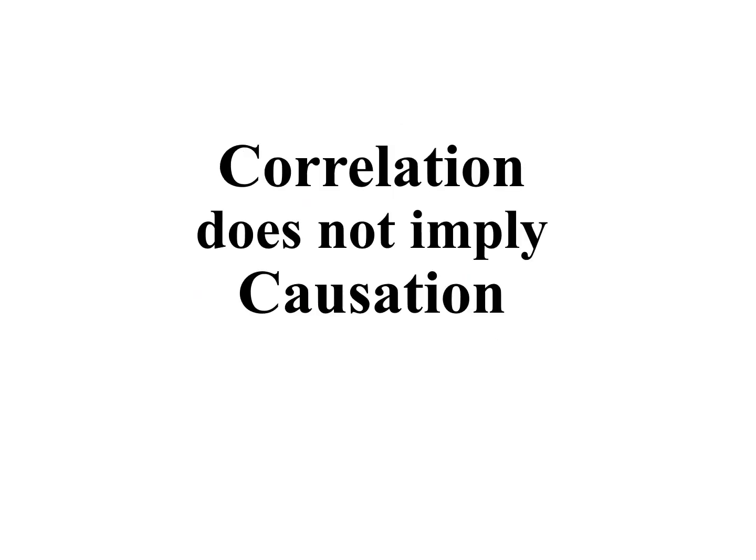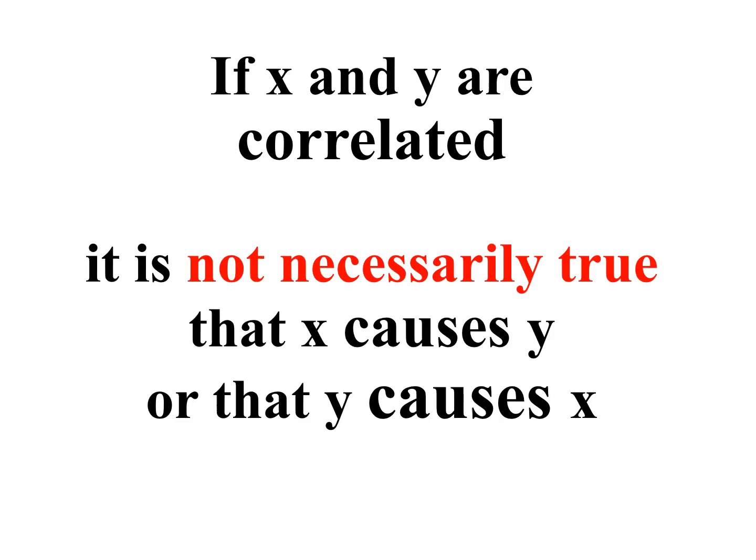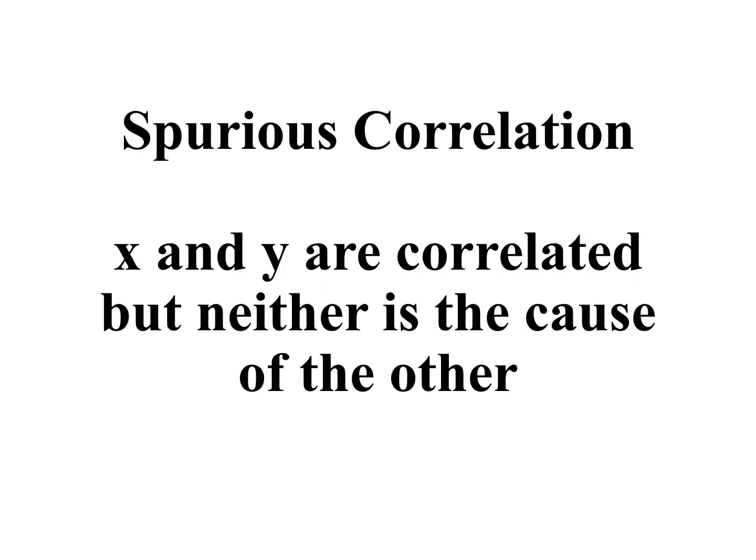During the last lecture, we also learned that correlation does not imply causation. If x and y are two correlated variables, it's not necessarily true that x causes y or y causes x. Statisticians say that a correlation is spurious if x and y are correlated, but neither is the cause of the other.